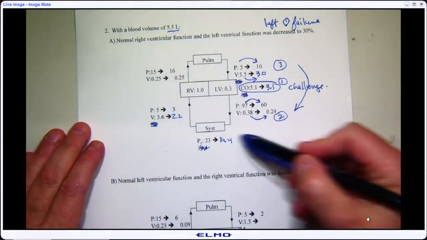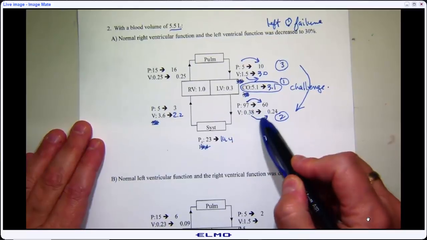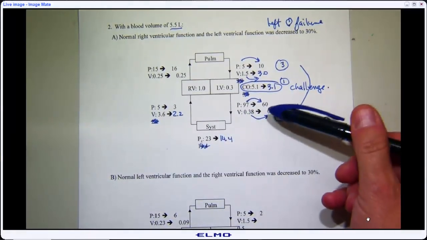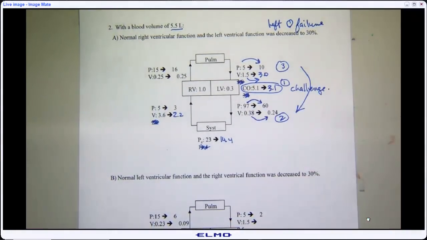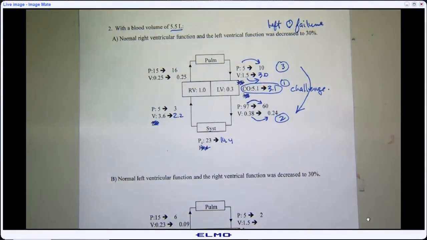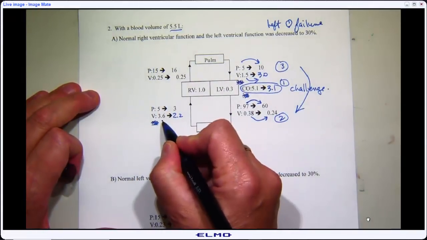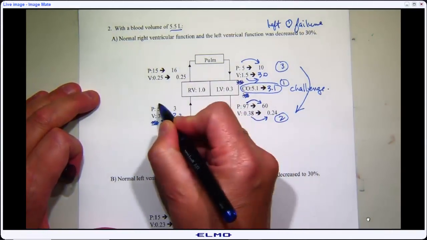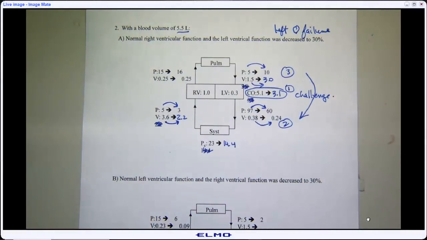So when we look then about how this would affect the systemic venous compartment and the pulmonary artery compartment. Okay? Pulmonary or the systemic veins, we're seeing a decrease in volume and a decrease in pressure. Because flow in the systemic system has now decreased. Okay?